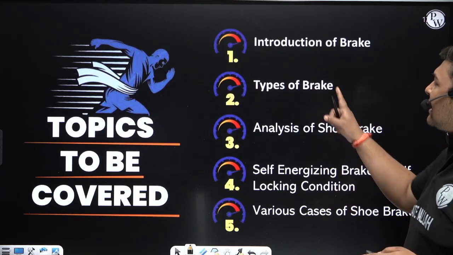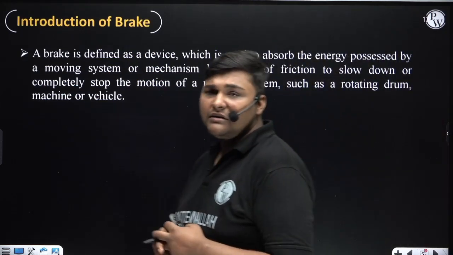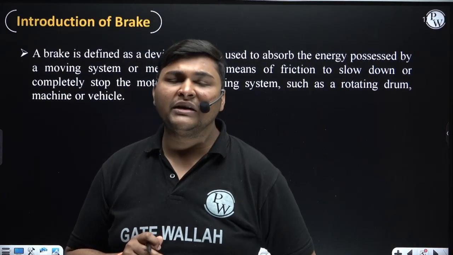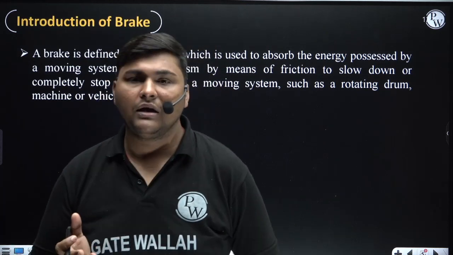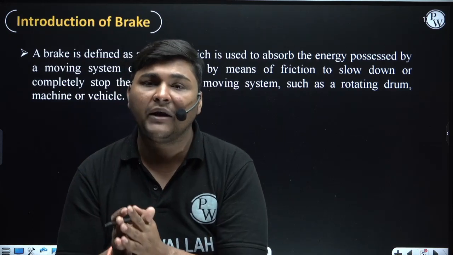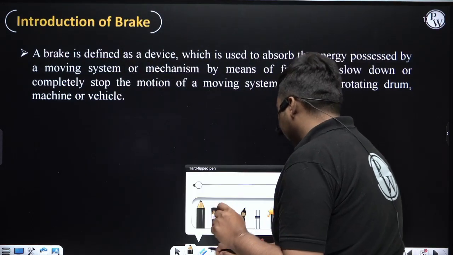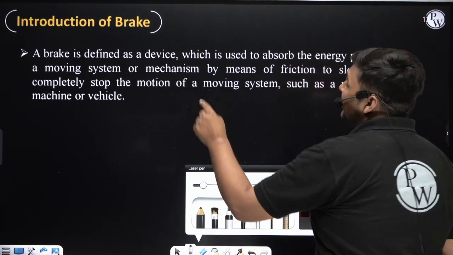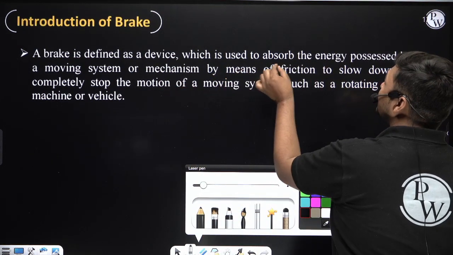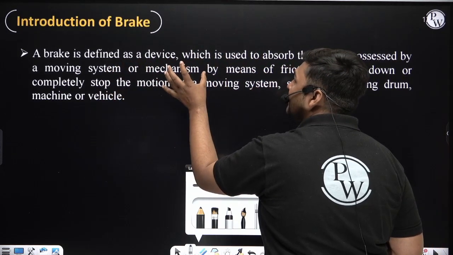So first I am starting our first topic, that is introduction of brake. In the introduction of brake, we'll understand the definition of brake. And I think all of you already know the actual definition of brake. What is brake? Brake is defined as a device which is used to absorb the energy possessed by a moving system or mechanism.